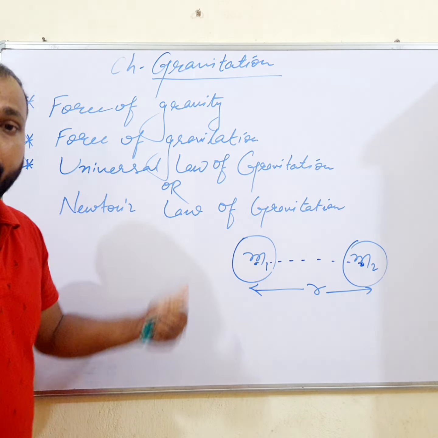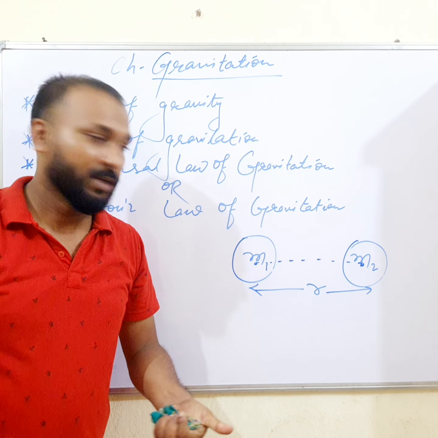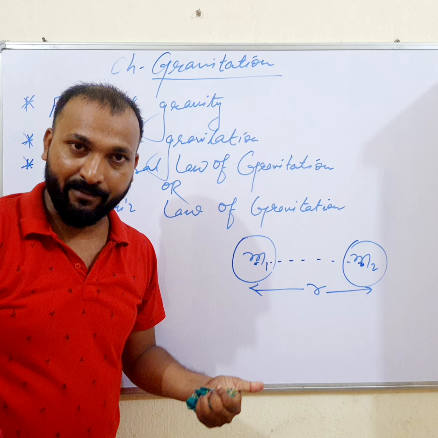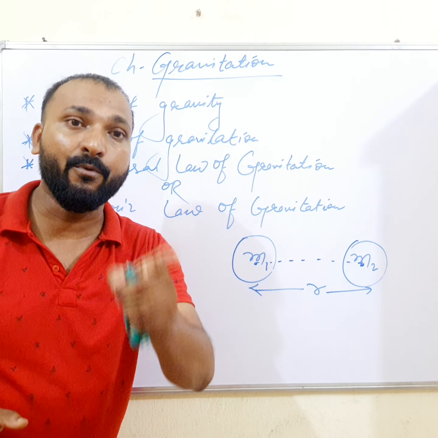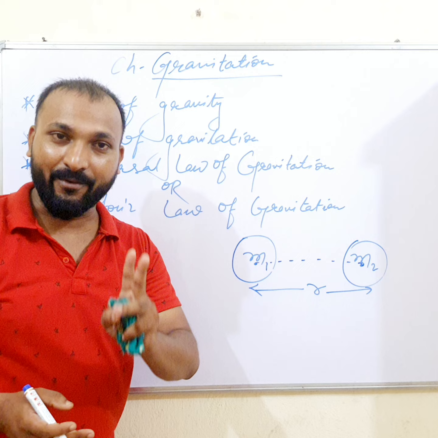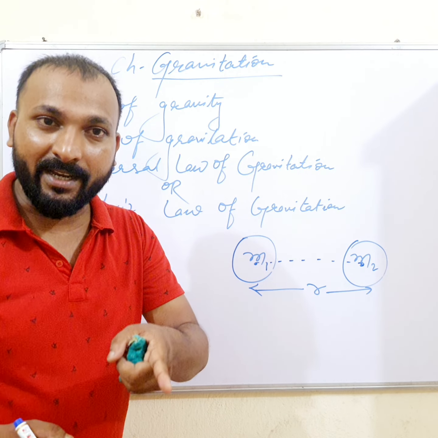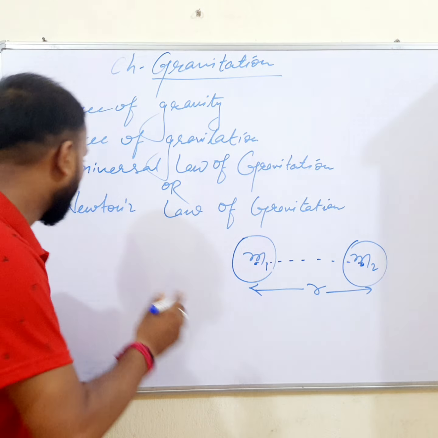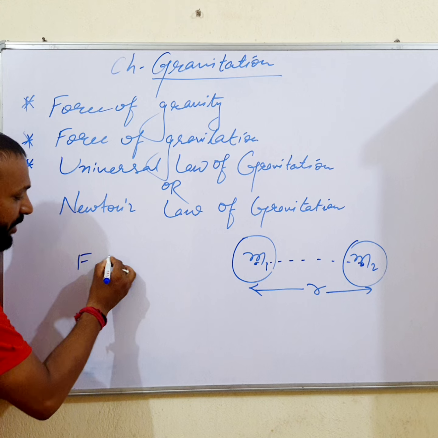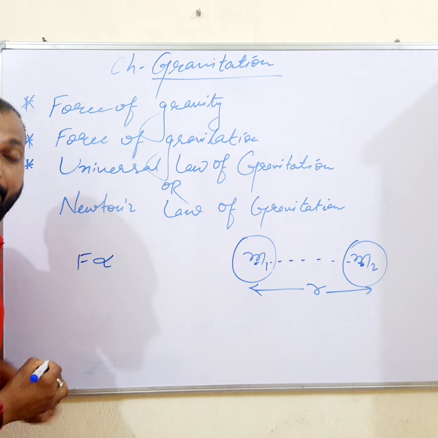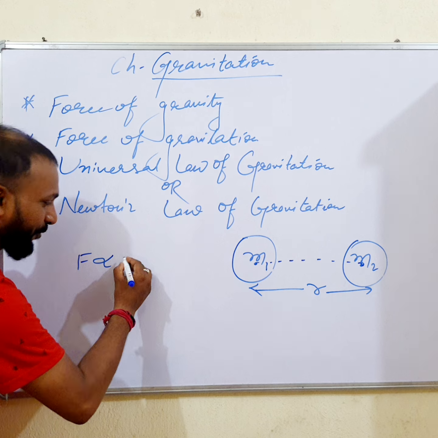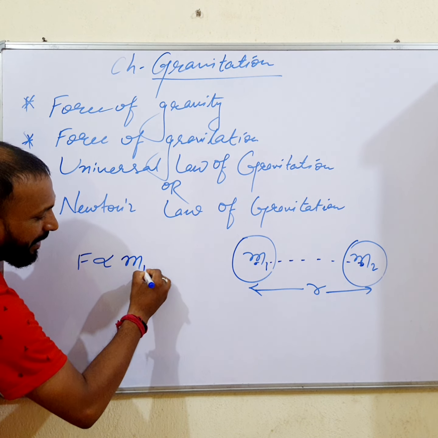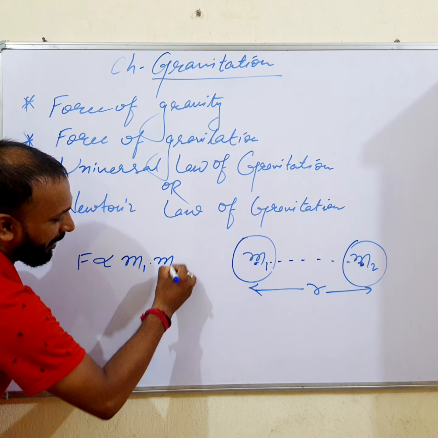Now he proposed that when the two bodies are kept at a certain distance r apart from each other, then a certain force of attraction F is exerted. This force of attraction F is directly proportional to the product of the masses of the two bodies, that is F proportional to m1 times m2.